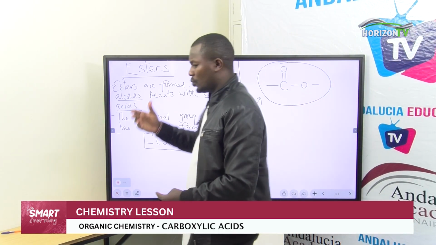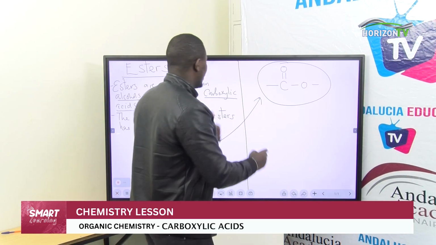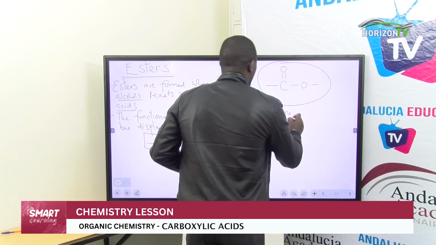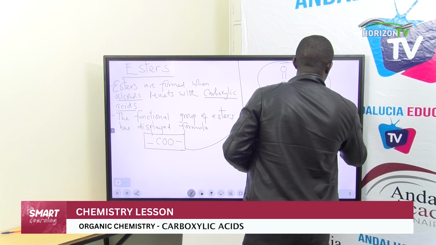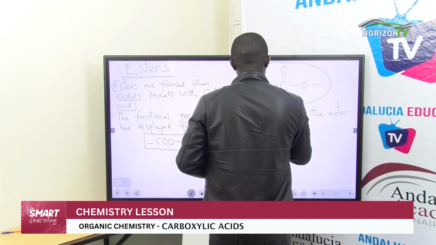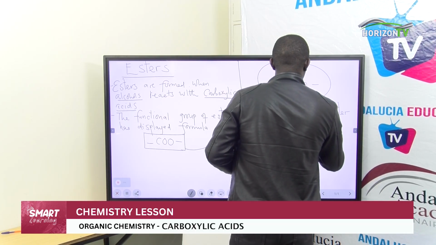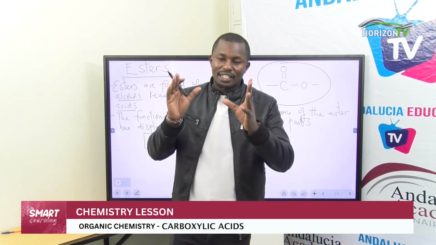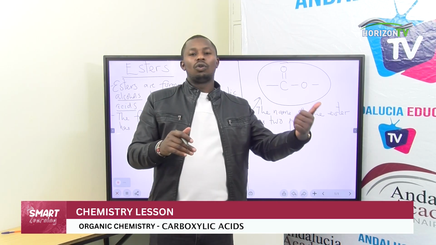Now I need to show you how we form different esters. And by the way, let me add this by saying the name of the ester has two parts. The name of any ester must have two parts. The first part is the alkyl part from the alcohol.